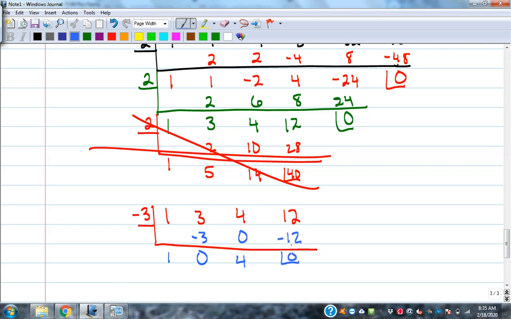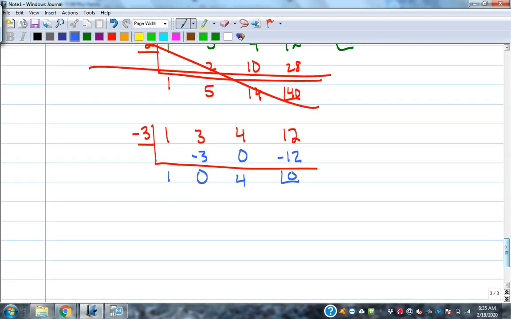And there we get the remainder of 0 that we want. So far, this is what we've got for the polynomial: x minus 2, x minus 2, x plus 3, and then that last line is x squared plus 4. There's our factored form so far.